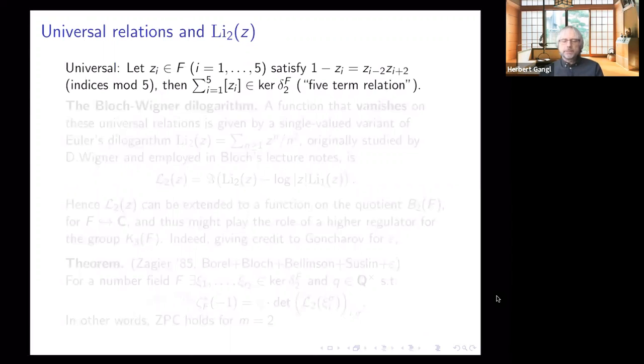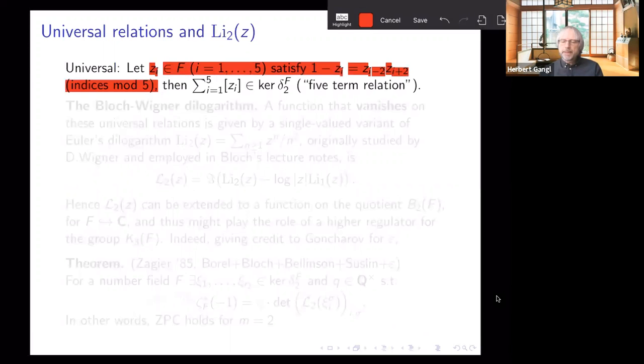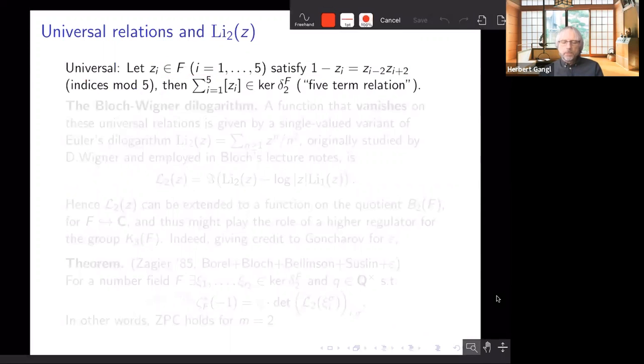Suppose you have z_i in a given field, 5 of those, satisfying the following relation: 1 minus z_i equals z_{i-2} times z_{i+2}, and we take the indices mod 5.